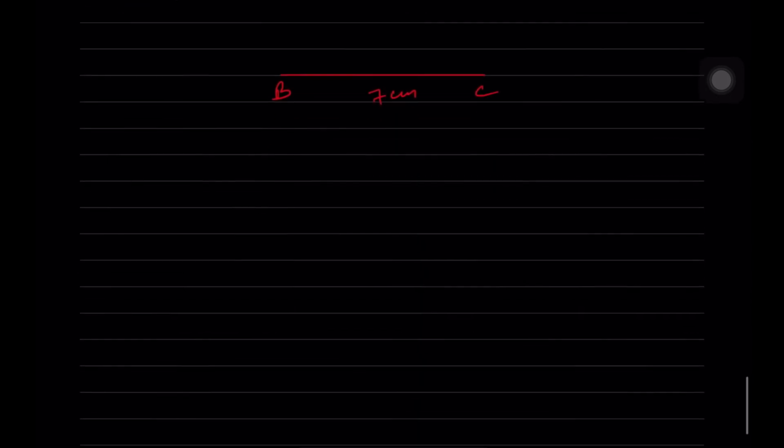First you can draw a base BC of 7 centimeters. So from B we make an angle of 45 degrees using the protractor.